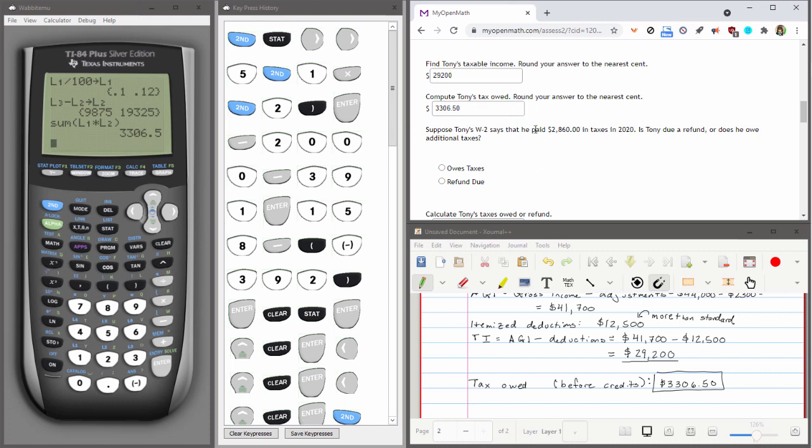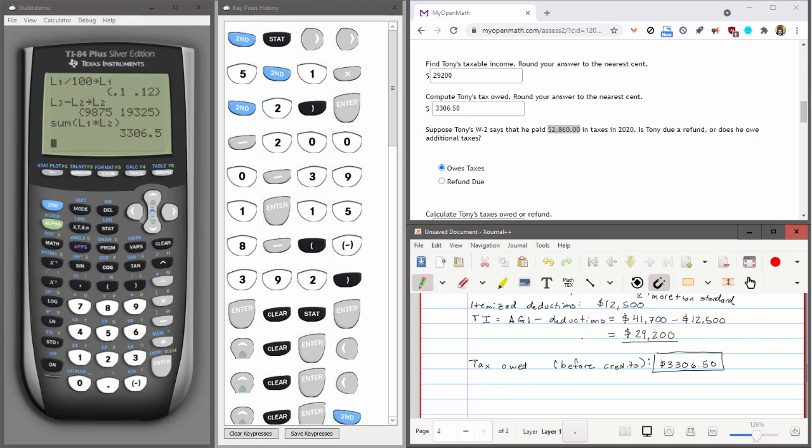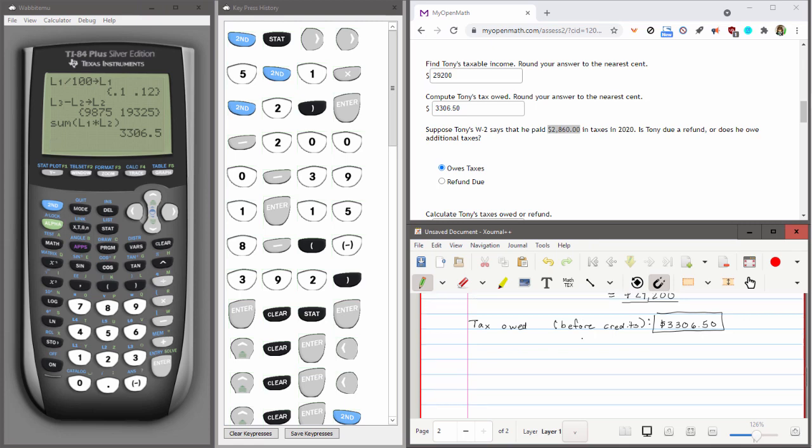Now, according to his W-2, he's already paid $2,860. This amount is less than his taxes owed, so he owes more taxes. His remaining taxes owed is, well, it's all the tax he owes minus the amount that's been withheld.